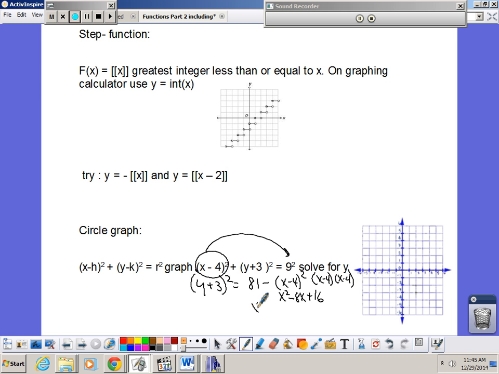So when I put that together, I get x squared minus 8x plus 97 equals (y plus 3) squared. I'd have to square root both sides. Actually, I think I'm going to go back to the other one. (y plus 3) squared equals 81 minus (x minus 4) squared, because I got the difference of squares there. So when I square root it, this is 9 minus (x minus 4). That's not going to work anyway.